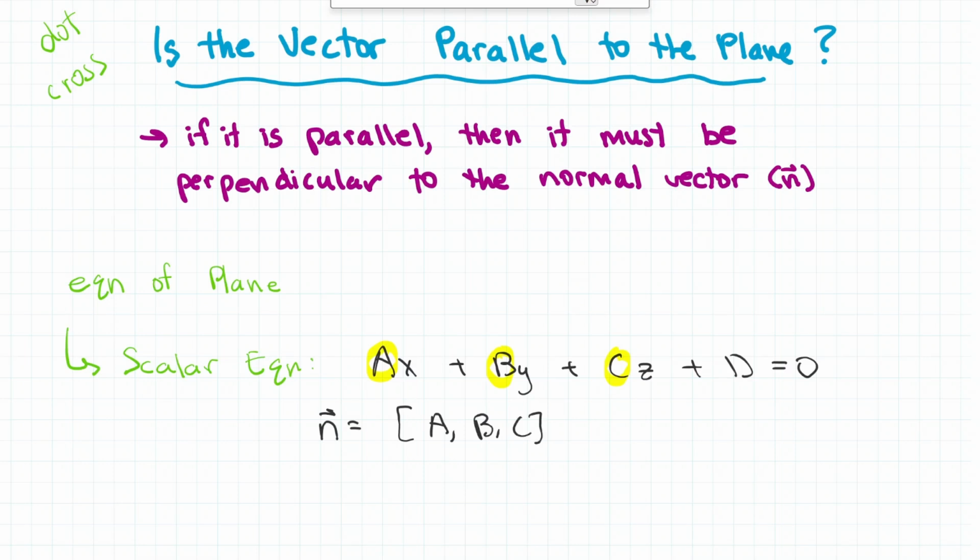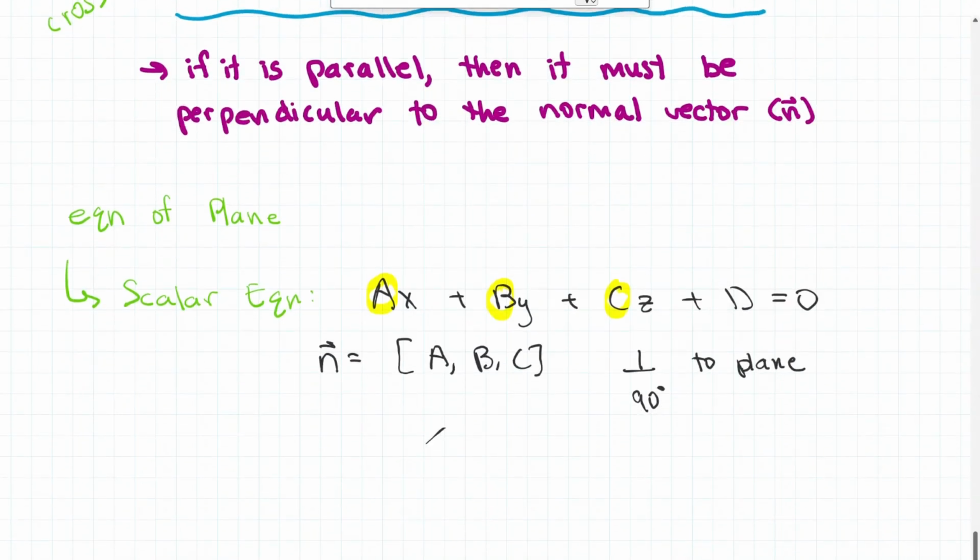And well, what's so special about n? N is perpendicular to the plane. It's orthogonal, forms a 90-degree angle to the plane. So oftentimes we look at the normal to help us determine the behavior between two different planes. So if we were to have some plane drawn out over here, we would have that our normal vector is sticking right up and it forms a 90-degree angle, and that would be our normal vector over there.